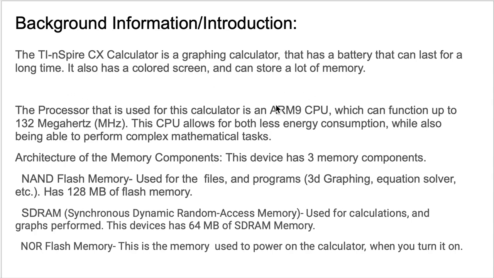And then the CPU, the ARM9, can function up to 132 megahertz. The CPU has a few main tasks. It uses less energy, it has less energy consumption, and also at the same time, it is able to perform complex tasks.